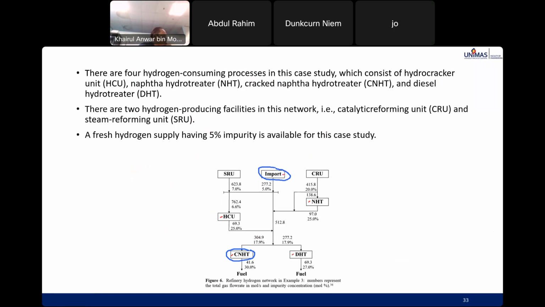This is important, meaning fresh hydrogen supply at 5% impurities.